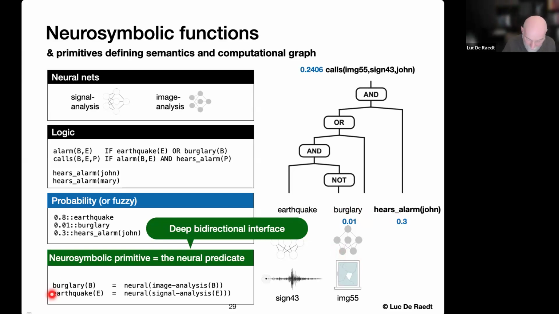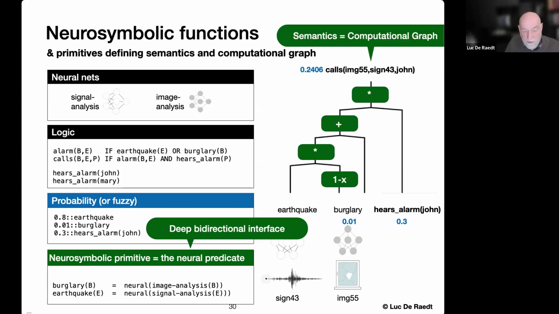And this is the kind of thing that you do. And if you do that, what you get is that the structure becomes a computational graph. By choosing your neural predicates, you define also the semantics of this, and you define ultimately the computational graph that will be used.